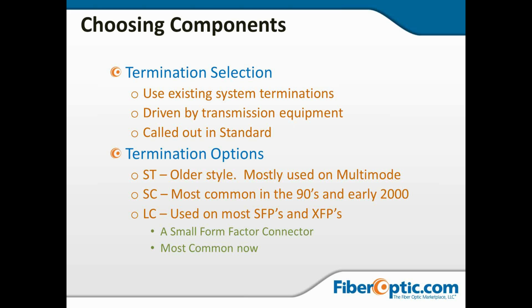Now, small rectangular connector with a key on it. Both the ST and the SC are the standard 2.5 millimeter ferrules, and you can get them in UPC or ultra physical contact, or an angled polish connector.